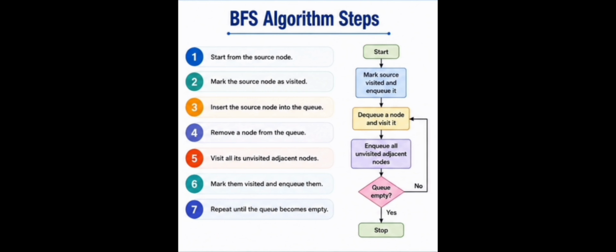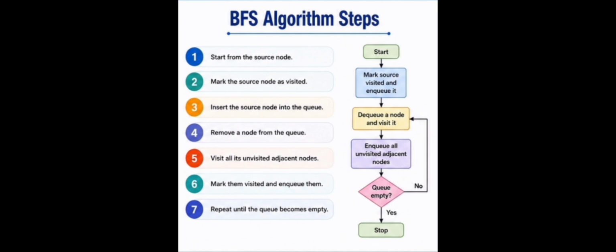Then we will insert the source node into the queue. That is, the node we have visited will be inserted into the queue. Then we will remove the node from the queue. After visiting the node, we will remove it from the queue. Then visit all its unvisited adjacent nodes.